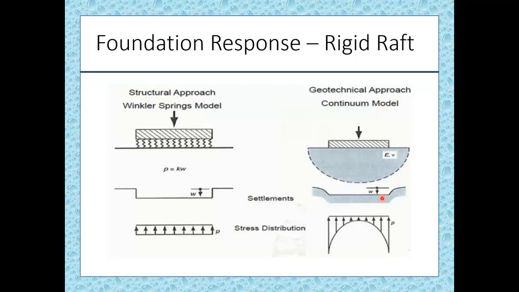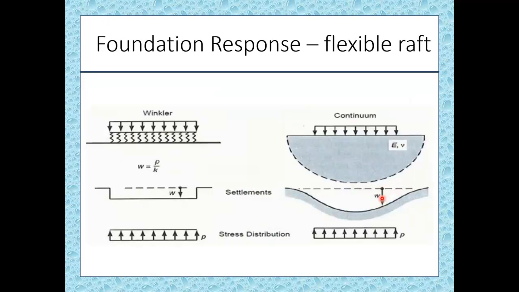Now, let's look at the issue in the flexible raft. In the case of the flexible raft, on the left-hand side, we have a single set of springs, which gives us the uniform settlement and the uniform stress distribution. However, elastic theory shows that the stress distribution under the raft is going to be constant, as opposed to the stresses developed in the rigid case.